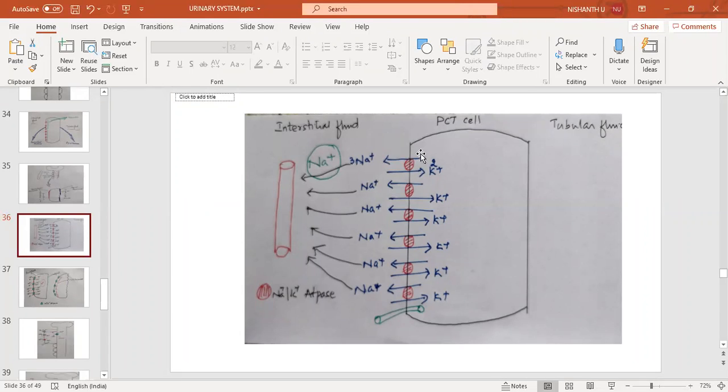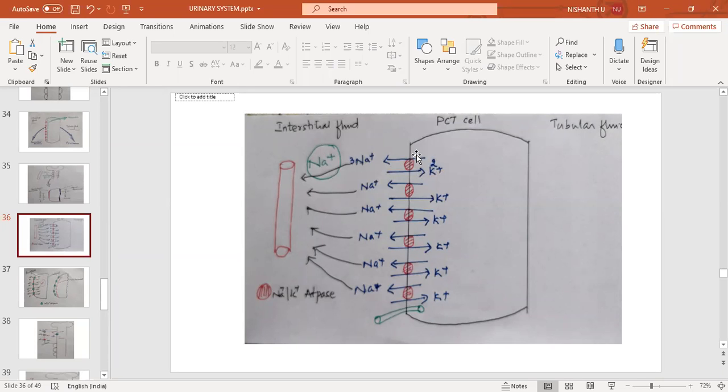This protein will transfer sodium from the cell to the interstitial fluid, and it will transfer potassium from the interstitial fluid to the proximal convoluted tubule cell. I repeat again. This protein or transporter transfers 3 sodium from the cell to the interstitial fluid, and it transfers 2 potassium from the interstitial fluid to the proximal convoluted tubule cell.